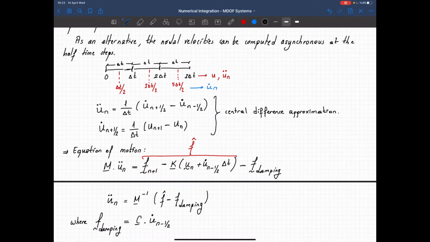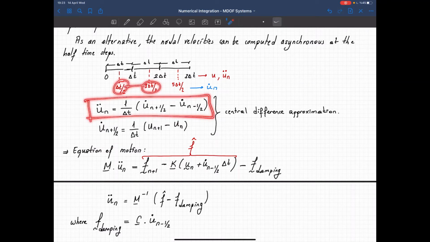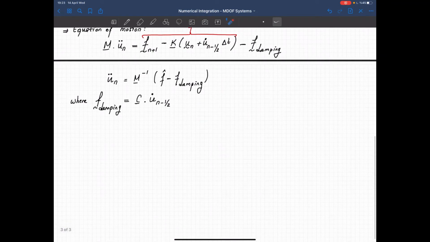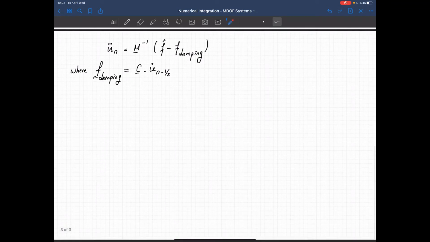We will be calculating the velocities at the half time steps with this equation, and the accelerations can be calculated by using the velocities computed at these two points to get the acceleration at this point. Now let's see the flow chart so that we can better understand how it goes.